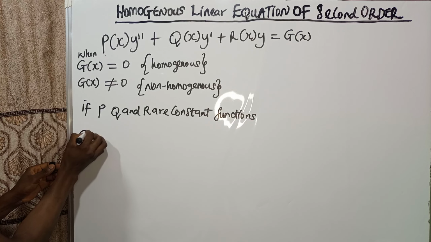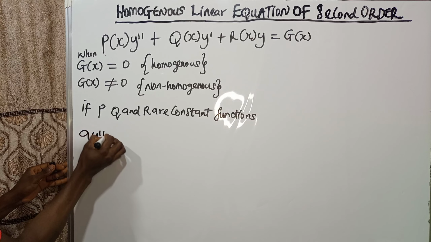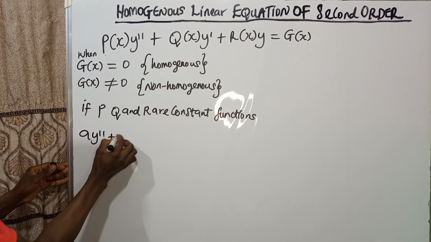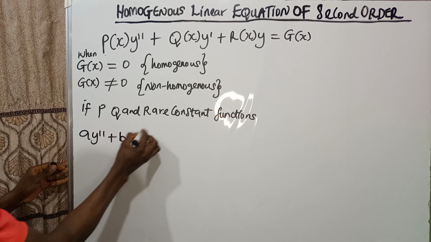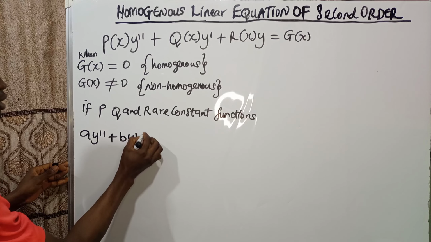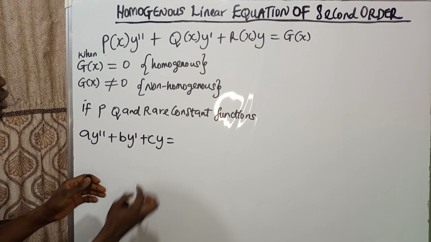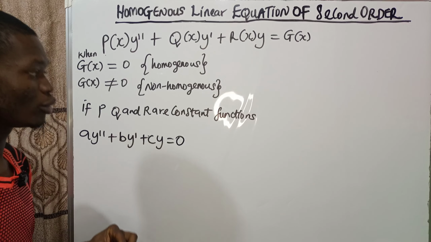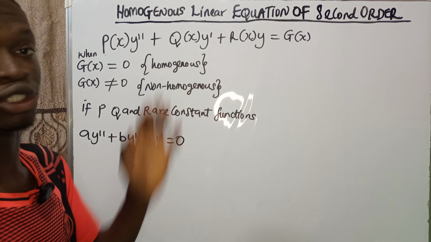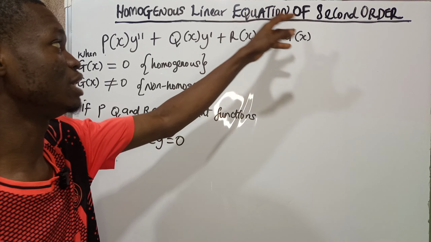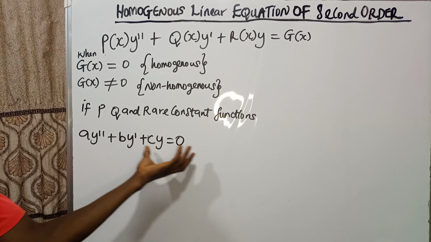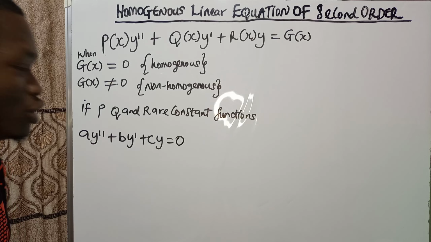So we are going to have a y prime prime plus b y prime plus c y is equal to 0. So we are solving for the homogeneous linear equation. If it is equal to 0, it is homogeneous.